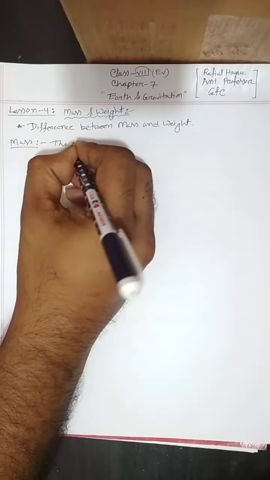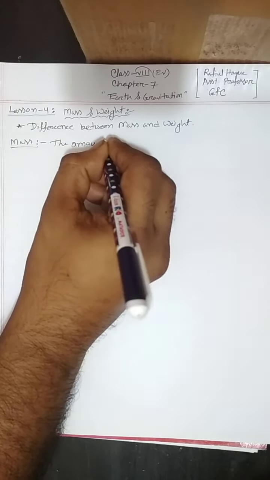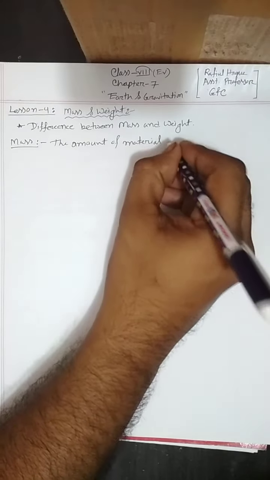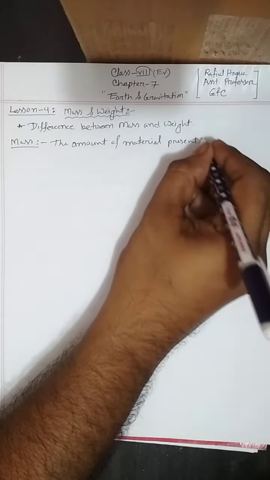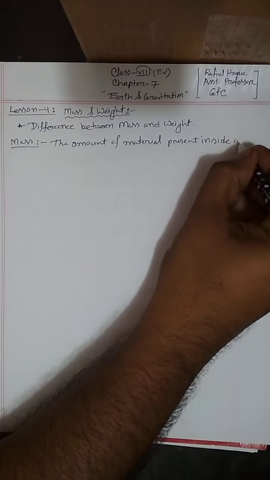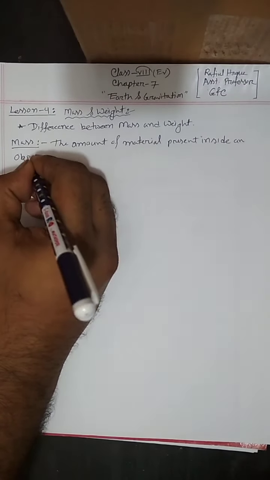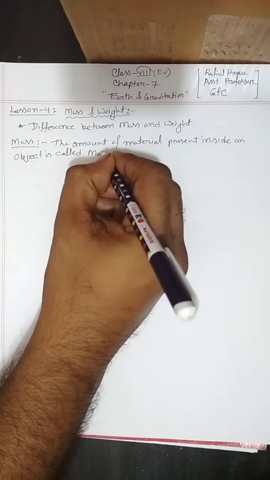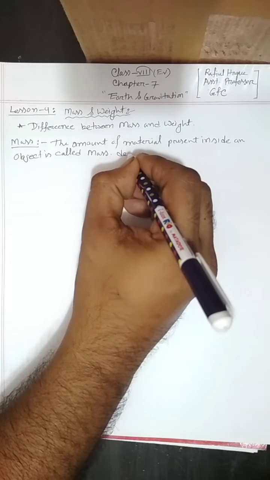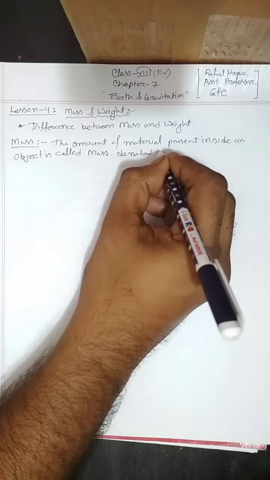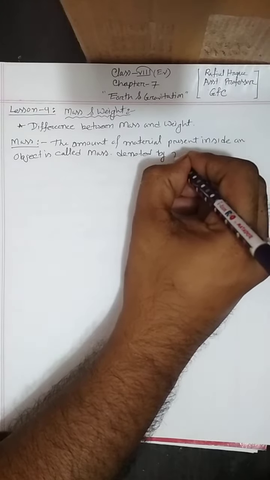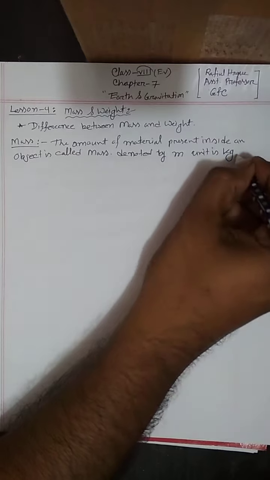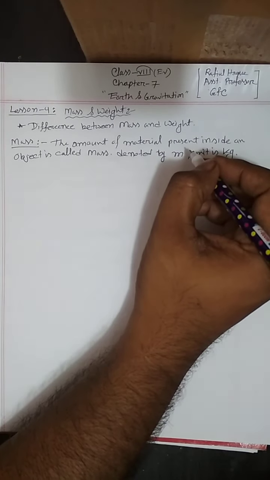The amount of material inside an object is called mass, denoted by m. Unit is kg. This kg is the SI unit. Okay.